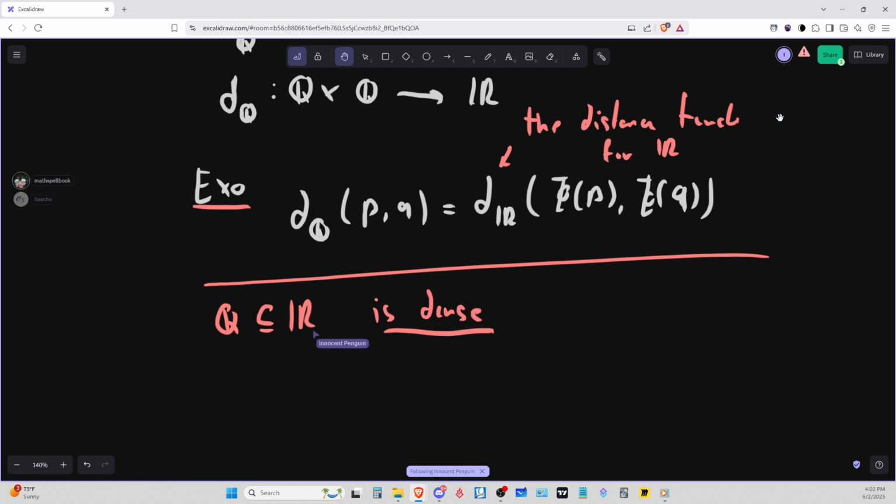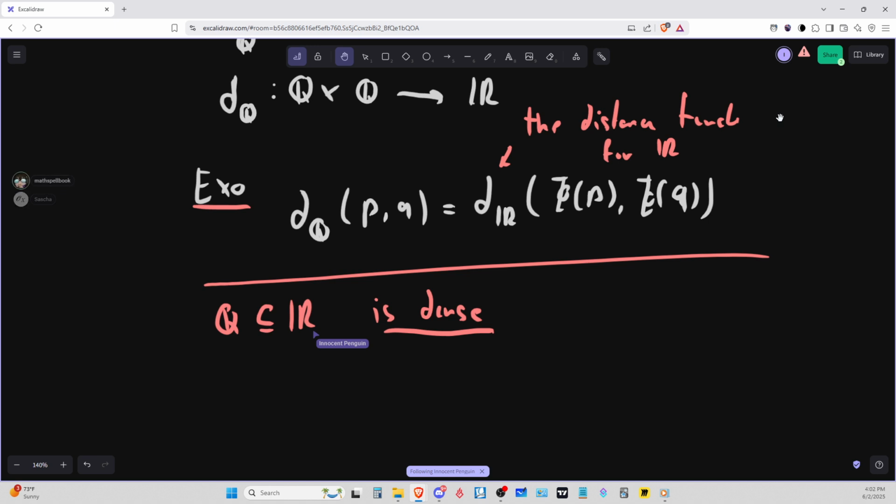So basically, what you said is every real number can be written as a sequence of rational numbers. Is that what you said? Yeah. So you can always find a sequence of rationals which is converging to a real number. If you start with your favorite real number, I will always be able to find you a sequence of rationals that converges to this number.